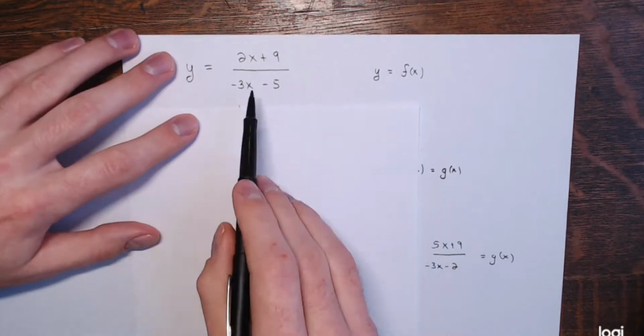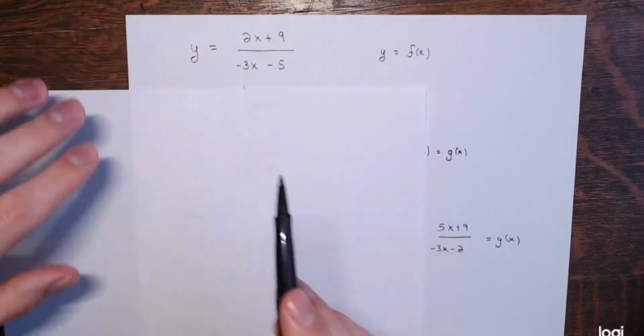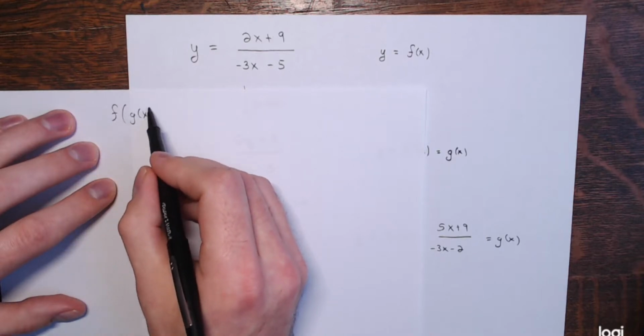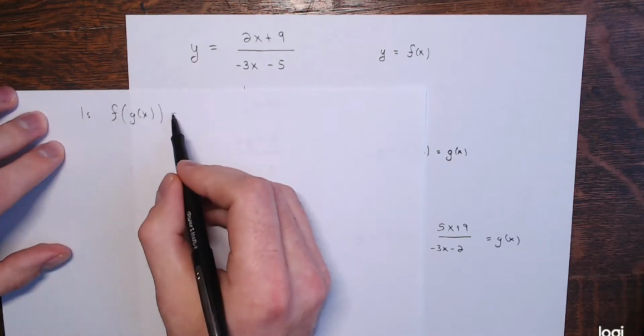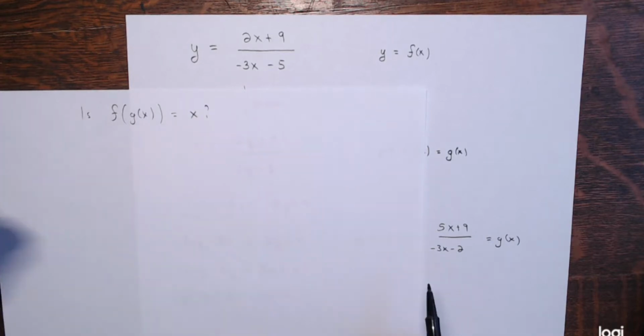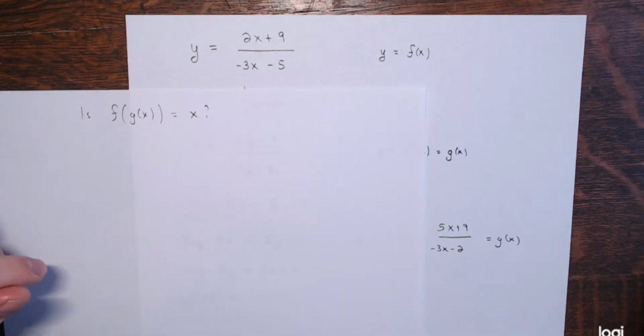So f here, g there. They're saying, what's f composed with g? Is f composed with g of x equal to just x? If that's the case, then there's a good chance that they're inverses. Doesn't mean they are, but good chance.